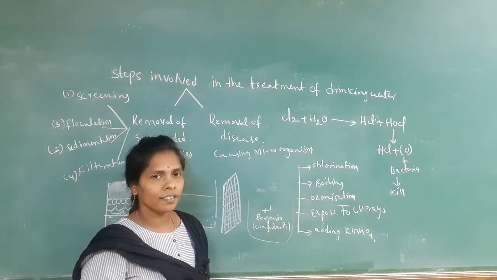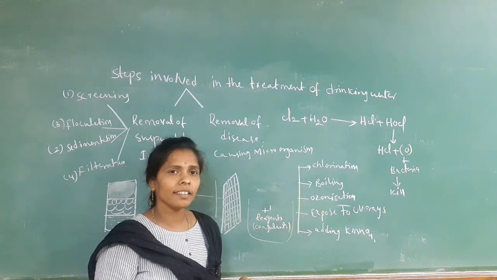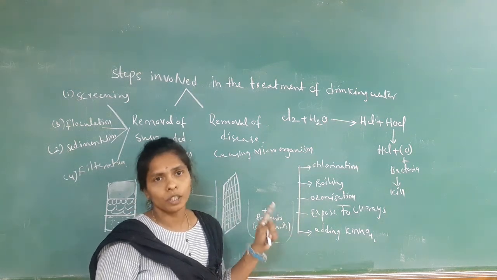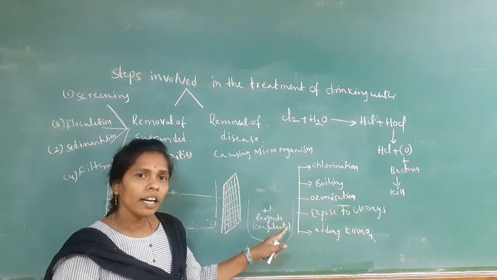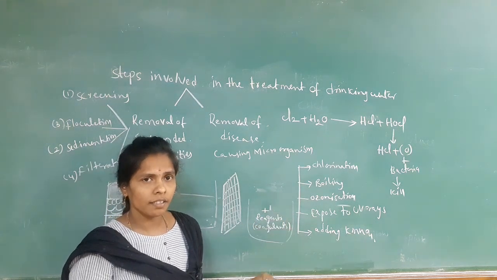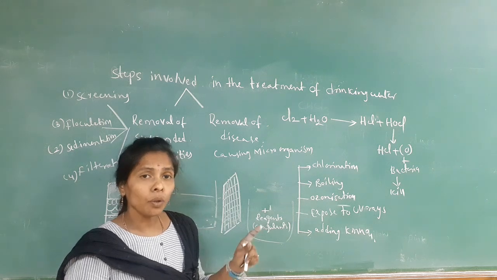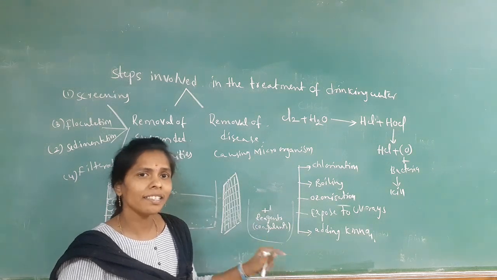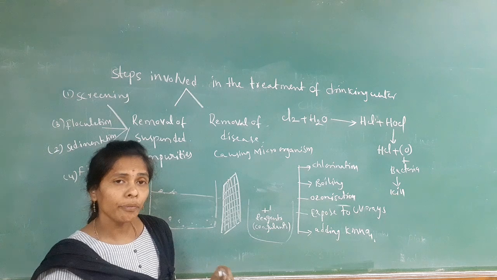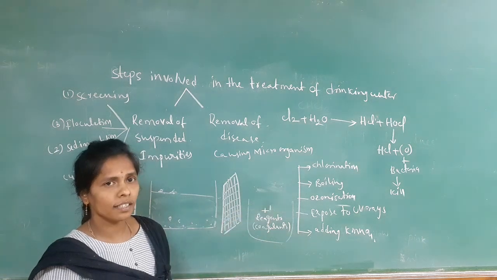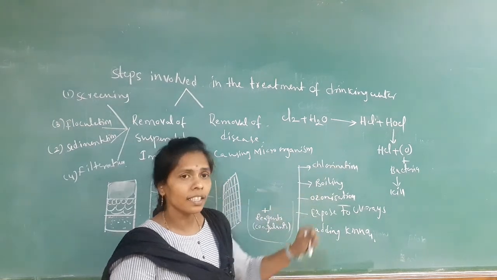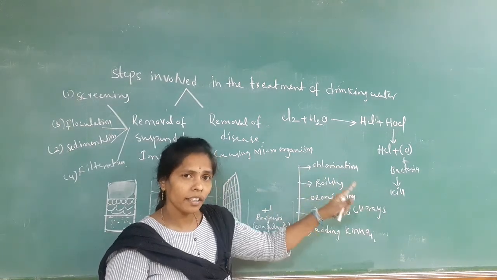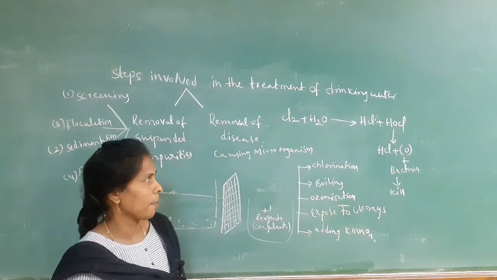Next, ozonization. Ozonization is exposing the water to ozone in the industries. That ozone also releases nascent oxygen, and we know the nature of nascent oxygen: it immediately reacts with the bacteria and kills them.